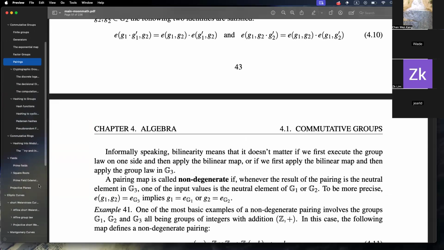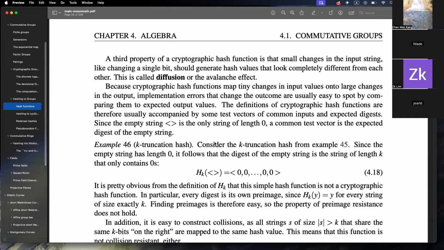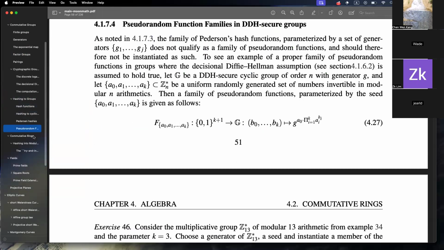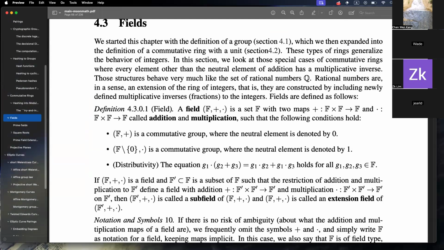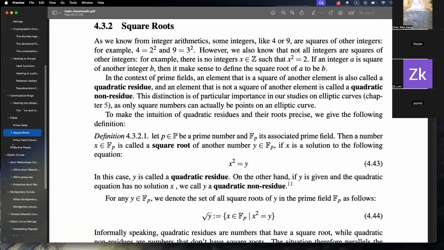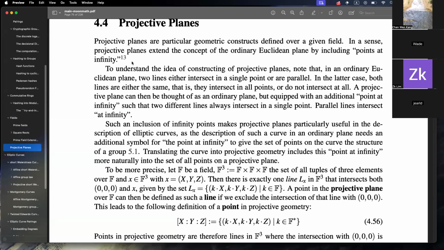I think this will be covered in chapter five. Hashing into groups. This is actually pretty straightforward because of all the code that's available. Rings, fields, implement fields, and make sure that you can do the addition and all that here. Prime field extension, projective planes, and all. So that's essentially the homework itself.